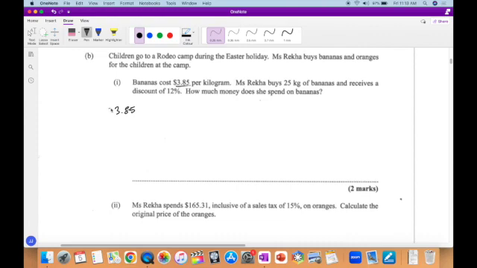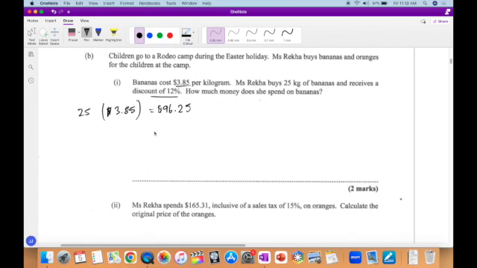So she buys 25 kilograms at $3.85 per kilogram. So that means that 25 multiplied by 3.85 means she pays about $96 for her 25 kilograms. And she receives a discount of 12%. How much money does she spend on bananas?